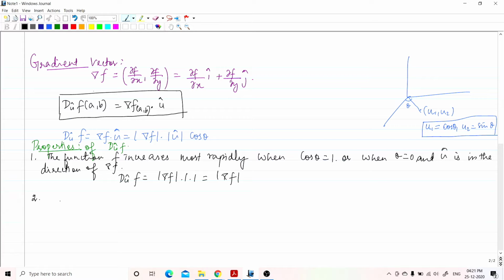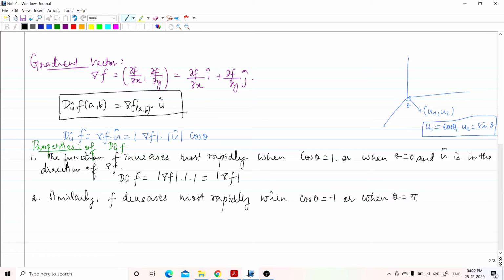Then similarly, f decreases most rapidly. So what is the minimum value for a cos function? Minus 1, sir. Minus 1. And that will happen when theta is pi.